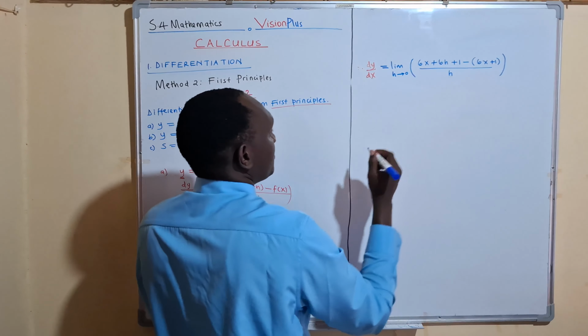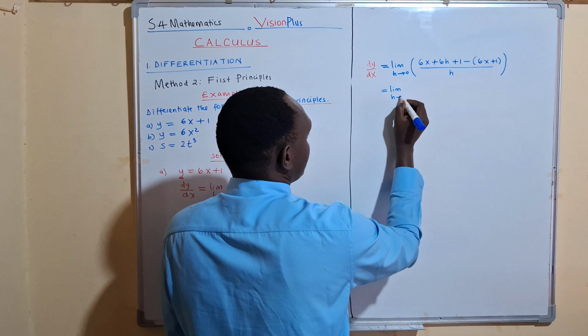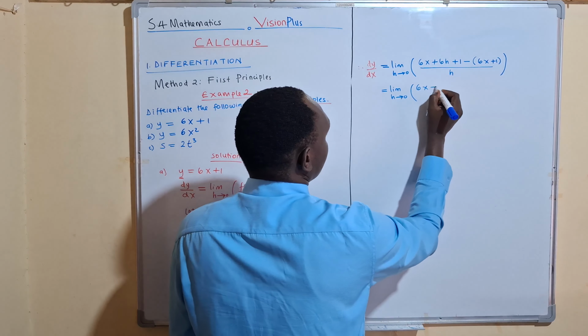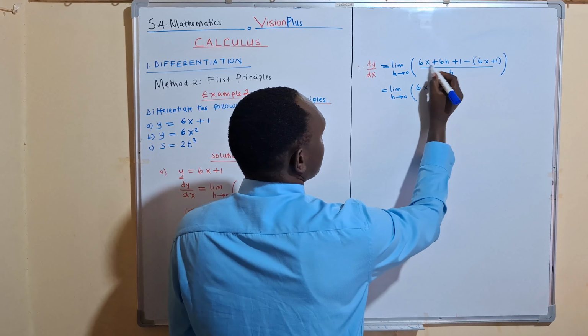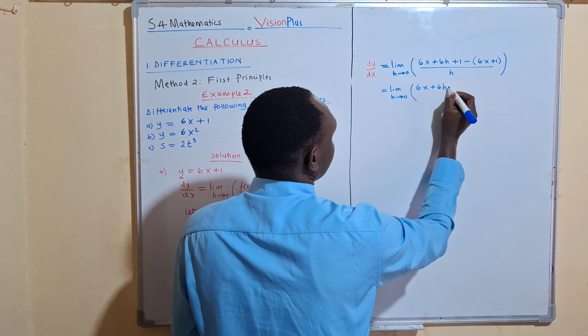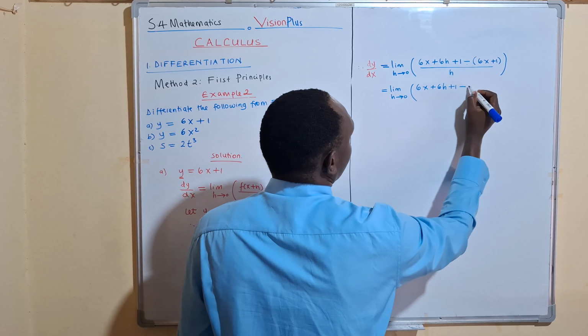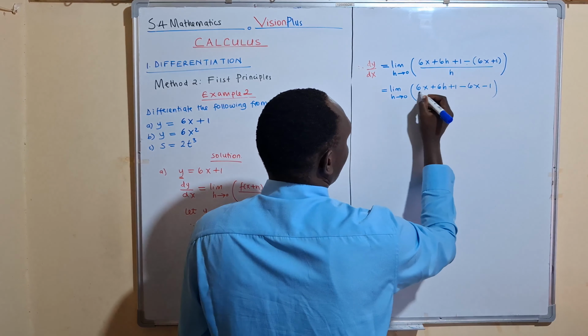Now let us simplify the numerator, keeping everything the same. So limit as h tends to 0 for 6x plus 6h plus 1 minus, if you open the bracket there, we shall have minus 6x minus 1 over h.